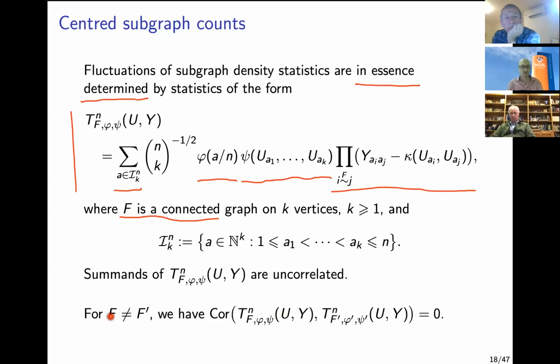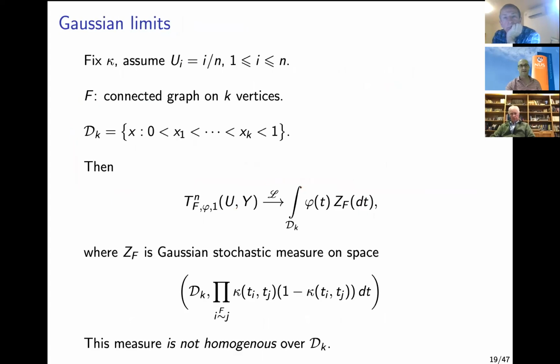And especially if one has more edges than the other, there's no possible way to get a product where every edge appears at least twice, and so that's why we have a lot of orthogonality here.